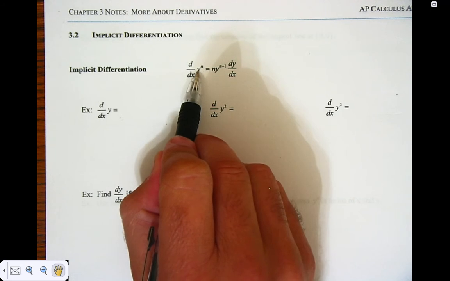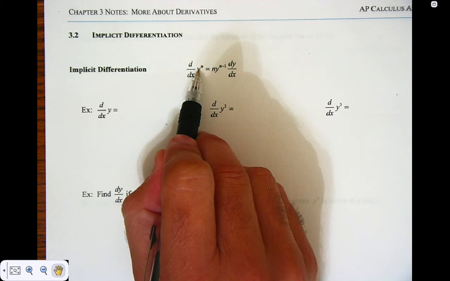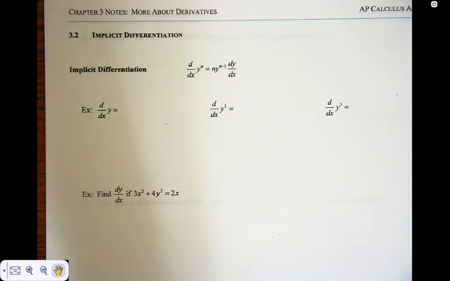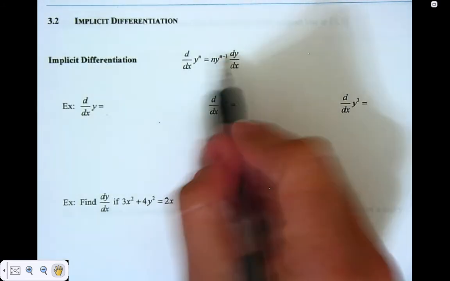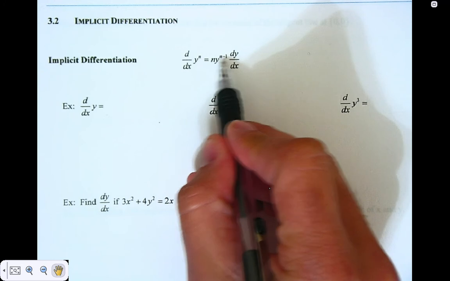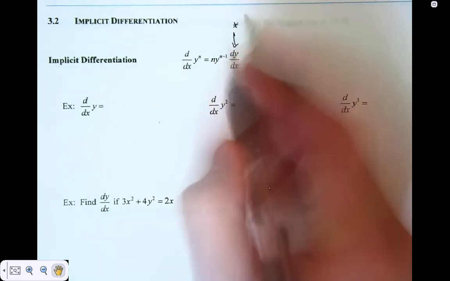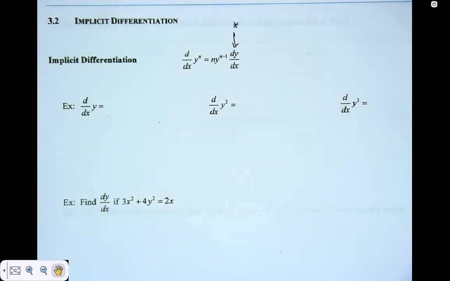Here's the problem, okay? This letter is y. And so when you're taking the derivative with respect to x of a letter that doesn't match this denominator x value, you have to do the normal power rule, okay? The normal power rule is to bring the n down, multiply by y to 1 smaller, so n minus 1. But you have to add in this statement here, which is the derivative of y with respect to x. This will be weird at first, but it gets much easier.